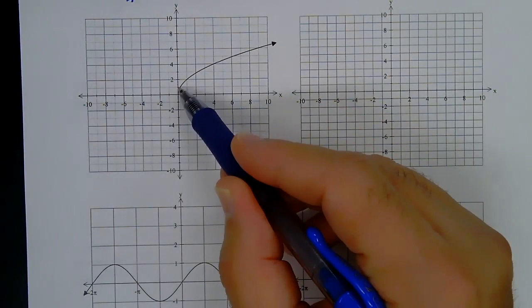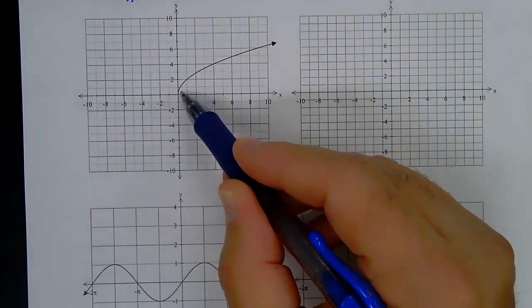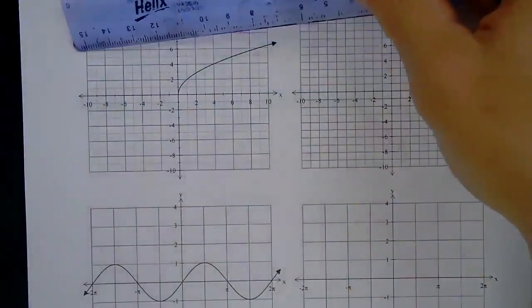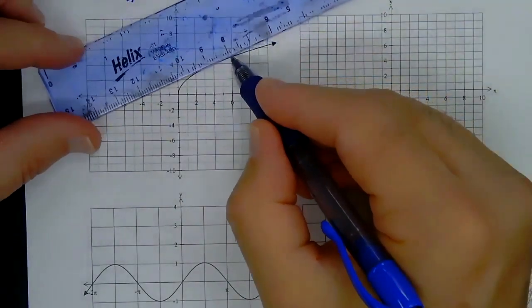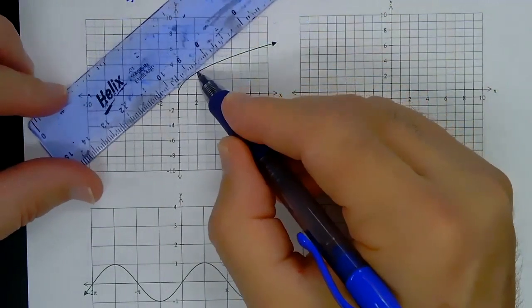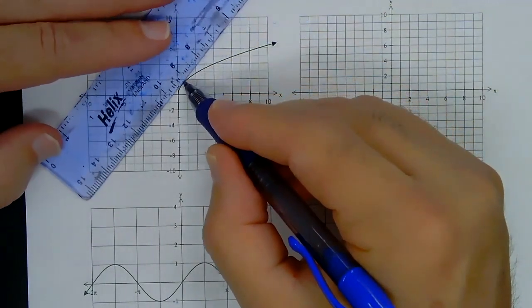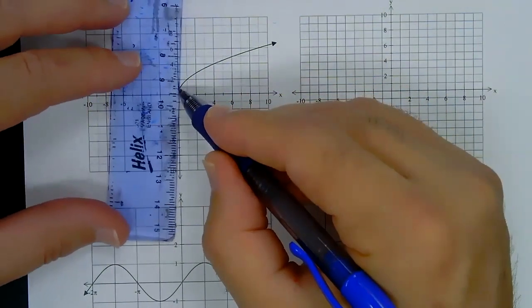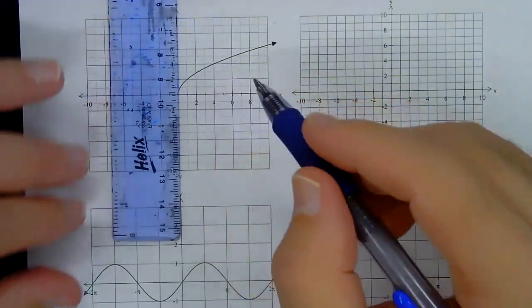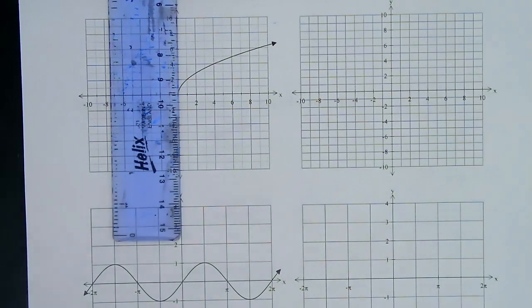Now, right over here, it gets really super duper steep, right? So if you move a point along here, it's going to get steeper and steeper and really curve in here, right? And as we come down, it's going to go vertical. Okay, but can you have a vertical line? No, you can't, right?